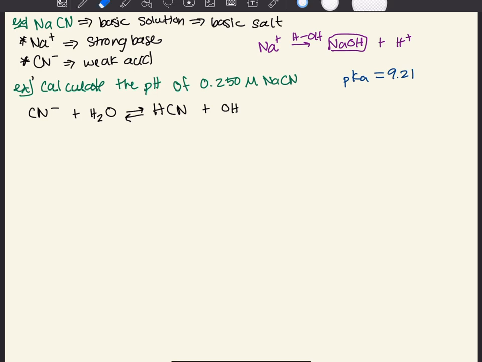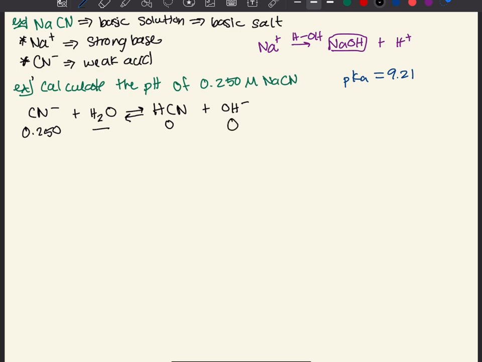I'm going to start off with a concentration of cyanide, 0.250. Remember, sodium cyanide is completely soluble, so the concentration of the sodium cyanide is going to be equal to the concentration of the cyanide because it is a 1-to-1 mole ratio. We do not have any concentration for water, and we do not start off with any of our hydrocyanic acid or our hydroxide.